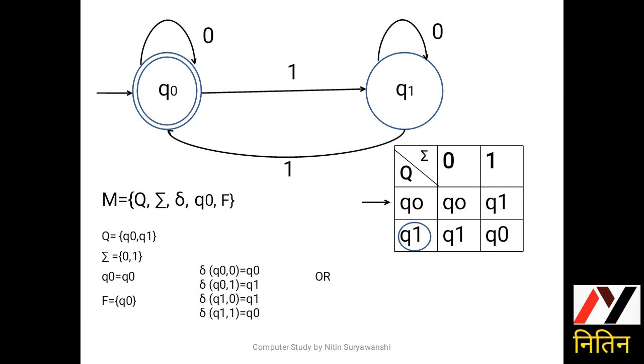If Q1 were a final state, it should be denoted by a double circle. Here I draw Q1 as a final state, for example. Then Q naught taking input 0, the next will be Q naught. Then Q naught taking input 1, the next will be Q1. So like this we can also write the transitions.